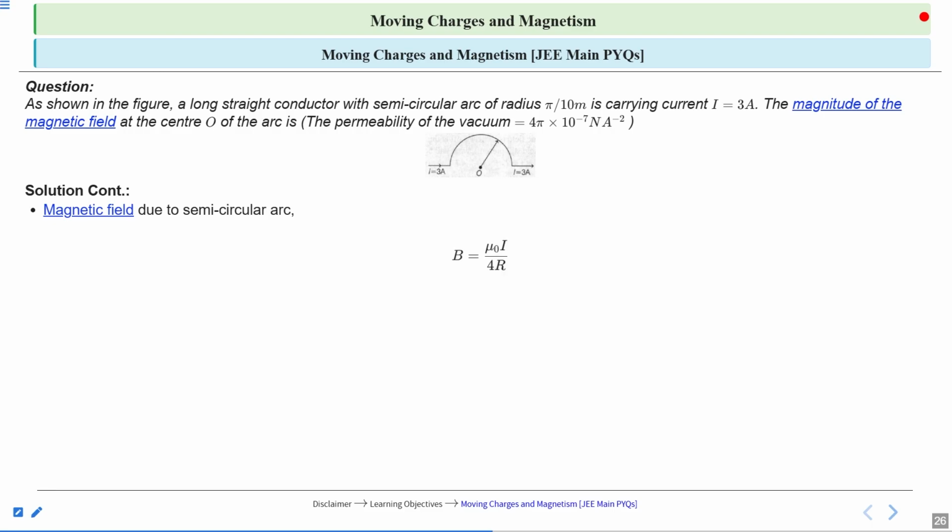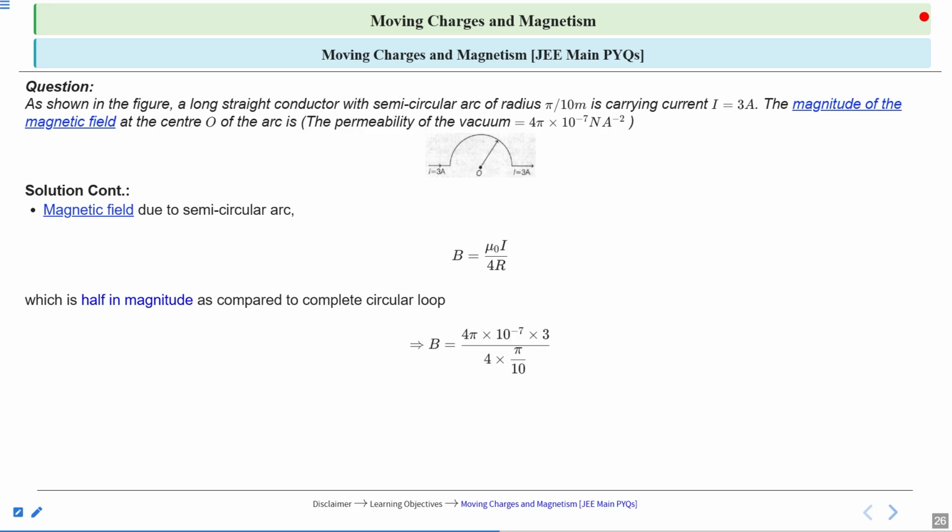The magnetic field due to a semicircular arc is B equal to mu naught I upon 4r. For a complete circular loop, it is mu naught I upon 2r, and for a semicircular arc it is mu naught I upon 4r, which is half in magnitude compared to the complete circular loop.